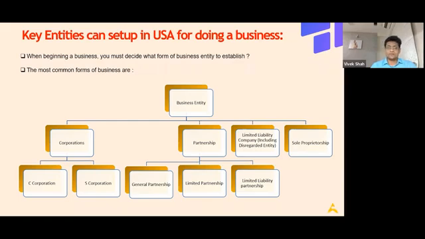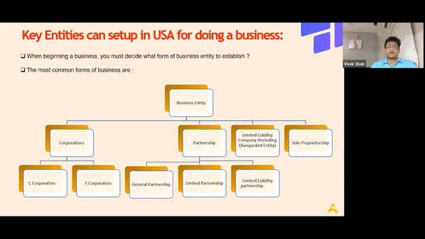So the corporation and the LLC are both good structures in the US if you're planning to incorporate or set up your business in the US. A corporation may be a C corp or an S corp. A partnership may be a general partnership, a limited partnership, or a limited liability partnership. All have their own advantages and disadvantages.